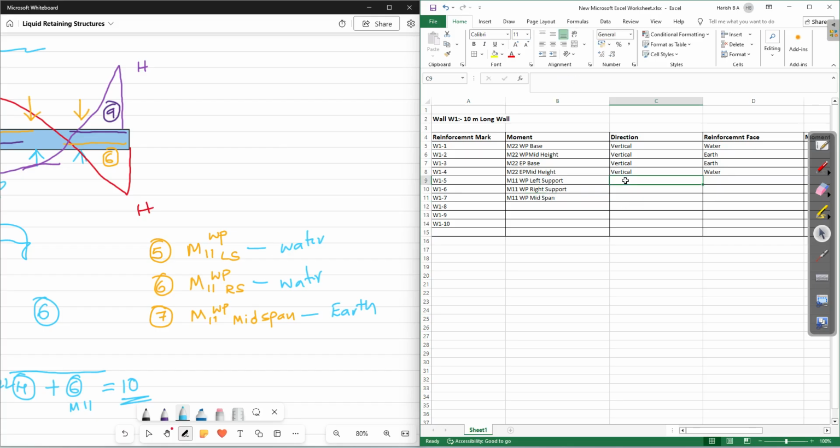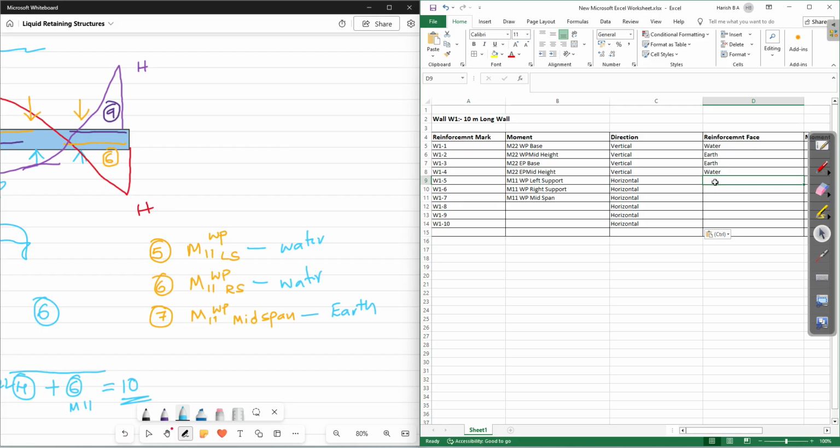Okay, so these are M11 bending moments. So direction will be horizontal. Okay. Next, M11 water pressure left support.